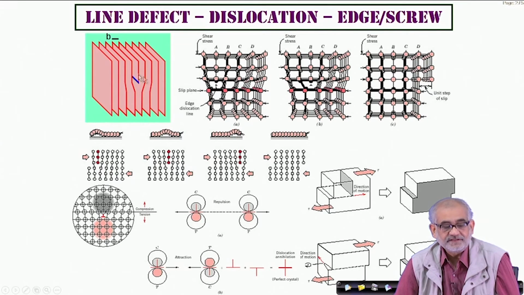Then if you create a Burgers circuit, or if you define a circuit around this kind of situation where you have both a defect and a non-defective lattice, let's say you start from here. So if you go 1, 2, 3, then come 1, 2, 3, then again go 1, 2, 3, then you realize that you actually are going out of the crystal.